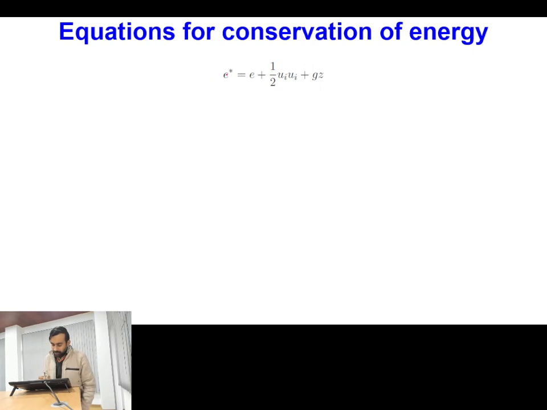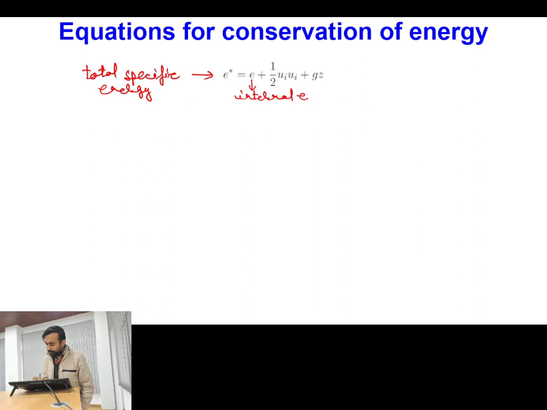So this over here is nothing but the total specific energy, and this total specific energy E star is nothing but e. What is e? e is the specific internal energy.